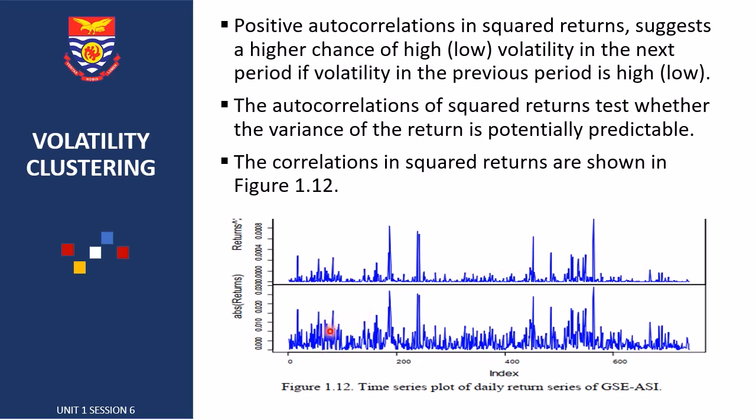With respect to the lower panel, you can see that there is a series of volatility clustering, indicating that higher volatilities in a period are followed by higher volatilities, and lower volatilities, like this portion, are followed by lower volatility, indicating that the squared returns are better in terms of estimating autocorrelations than the absolute returns.